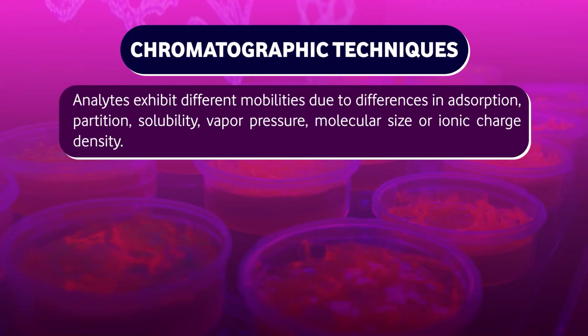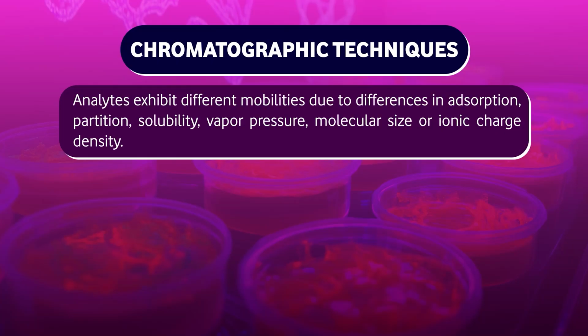But if a component likes the stationary phase, it will attach to the stationary phase and move slowly. So that is dynamic differential migration. What actually happens is, analytes exhibit different mobilities due to differences in adsorption property, partitioning, solubility, vapor pressure, molecular size or ionic charge.